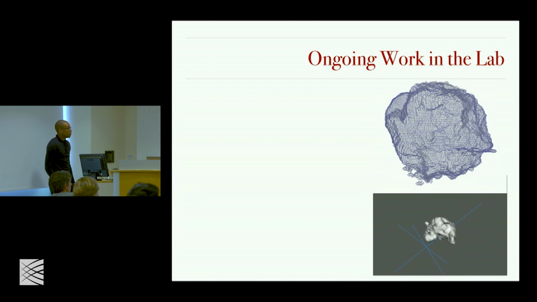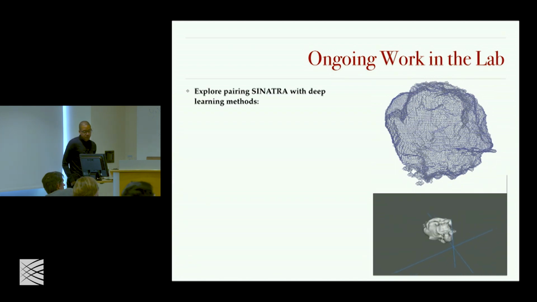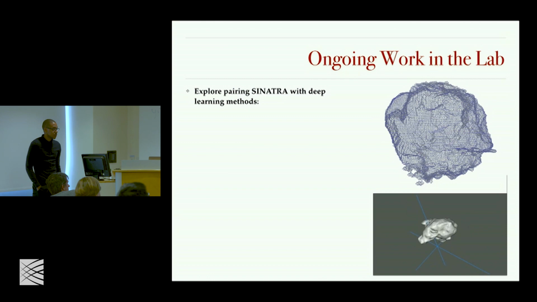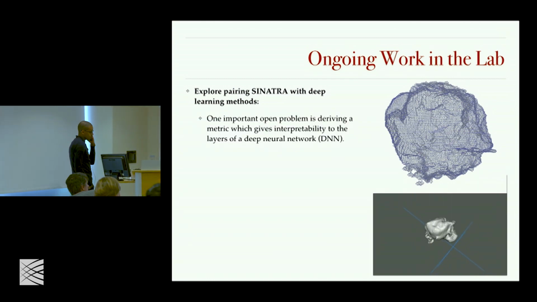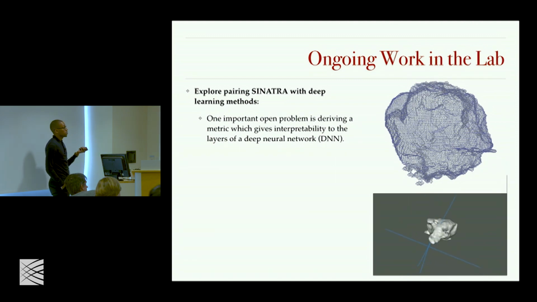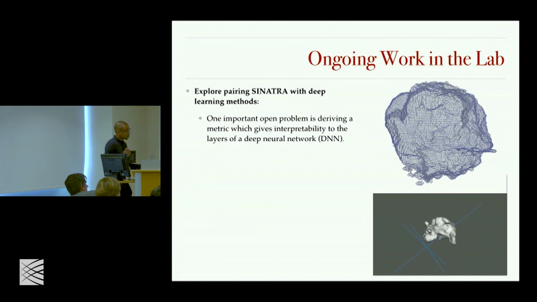And so ongoing work in the lab, and kind of why I was excited to come here and talk about this, is we've been exploring Sinatra with multiple things. One thing that's actually ongoing right now that we hopefully submit in the next couple weeks is this idea of exploring Sinatra with deep learning methods. Sinatra is this vectorized, the Euler characteristic gives you this vectorized topological summary statistic.